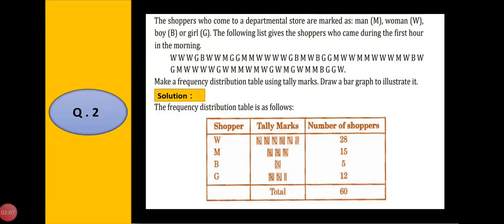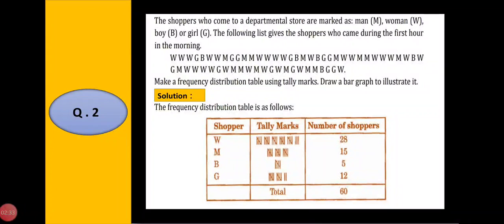The shoppers who come to a departmental store are marked as men, represented by capital M, woman, represented by capital W, boy, represented by capital B, or girl, represented by capital G. The following list gives the shoppers who came during the first hour in the morning.